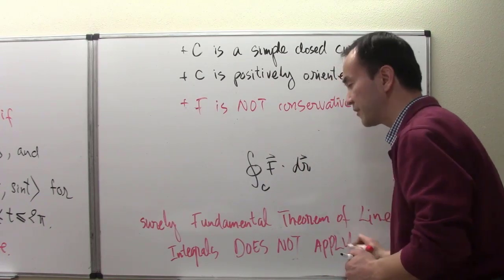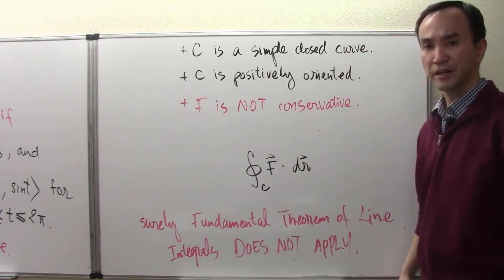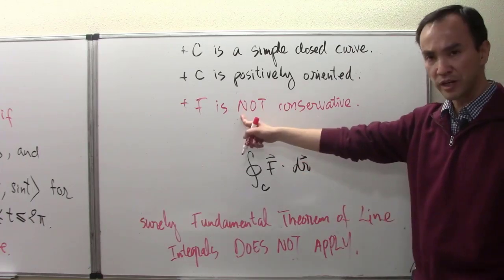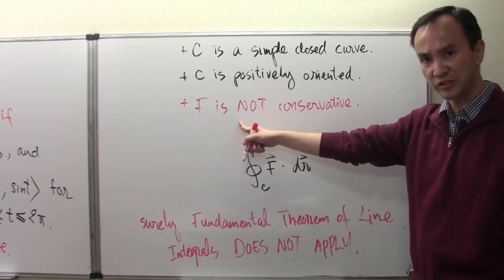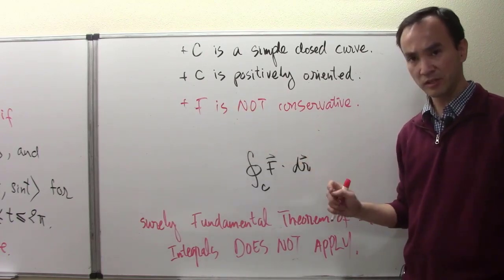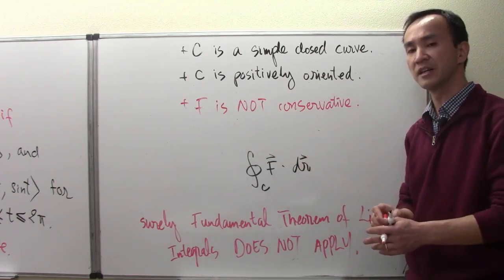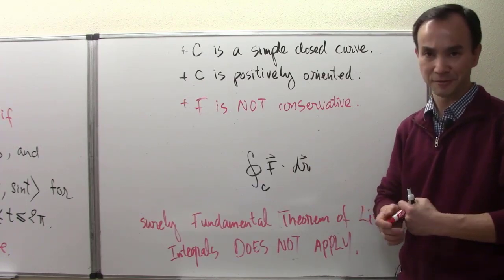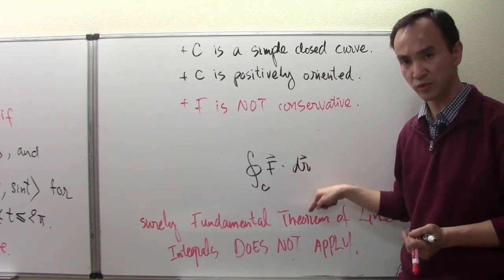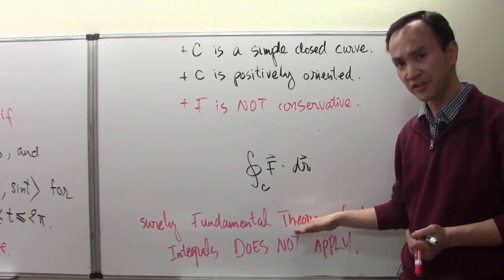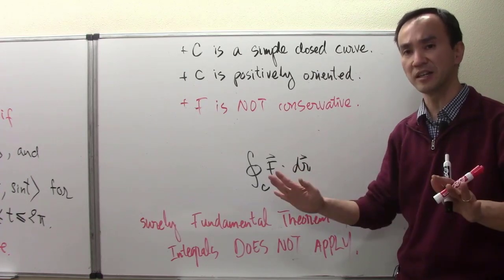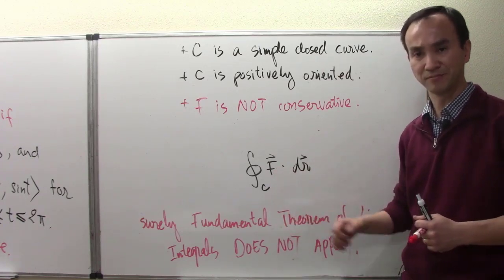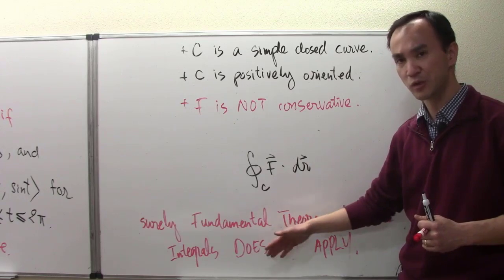We can't apply the fundamental theorem of line integrals to this problem because we no longer have that feature where F is conservative, because the fundamental theorem of line integrals only applies to vector fields that are conservative. And that's what we're losing right here. That's one feature that we're losing. So the method I've done in the previous problem is completely irrelevant here. It cannot be used here at all.